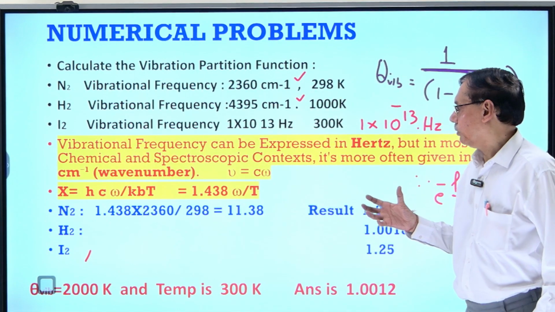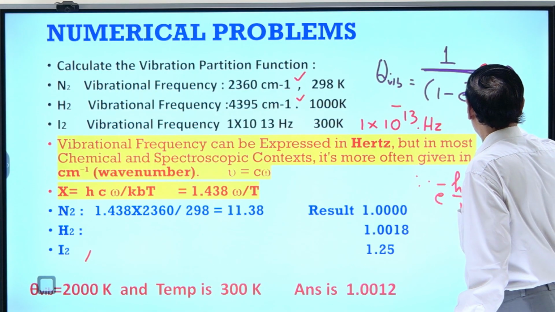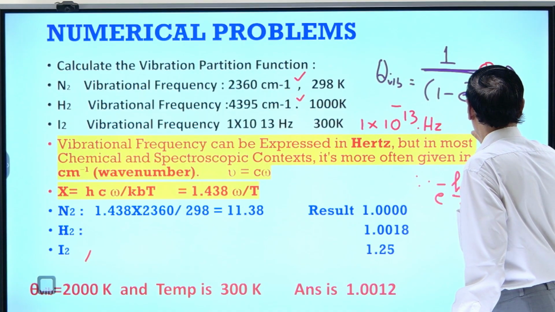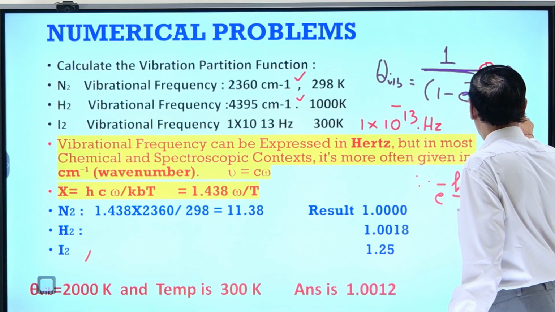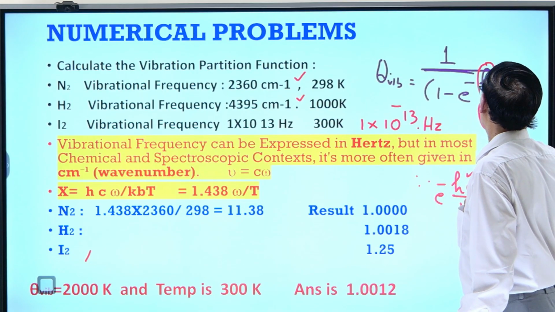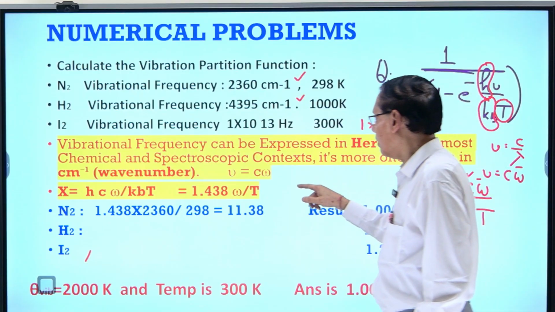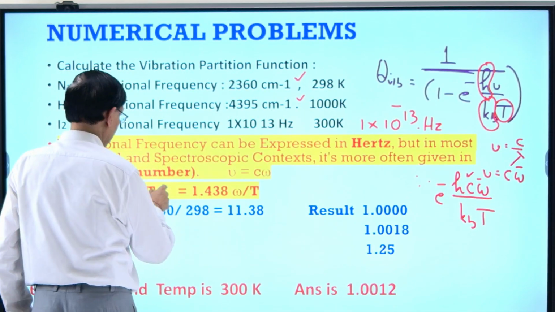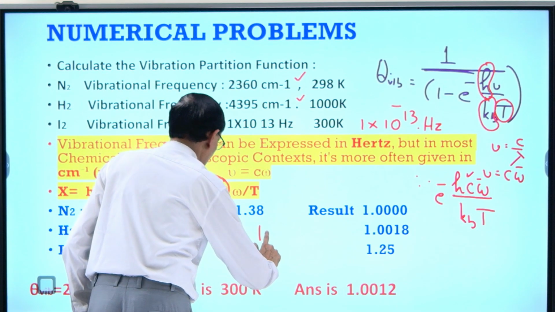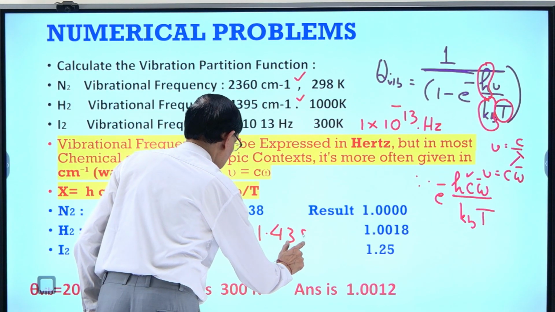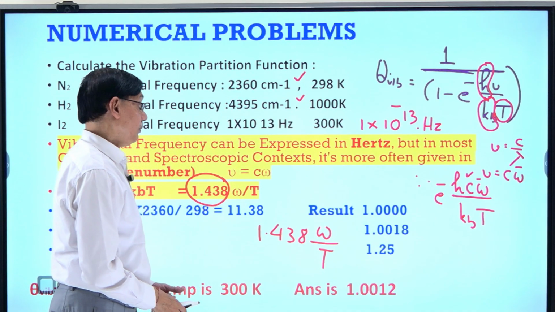In most of the books, what they do is, because Planck constant is common, Boltzmann constant is common, and T may be different, if we solve for h and kB we get a common value: hc over kB is 1.438, so 1.438 omega divided by T. You have to remember these things.